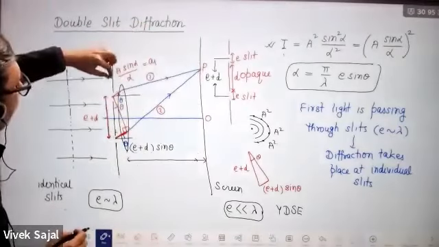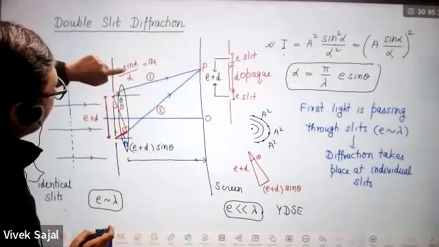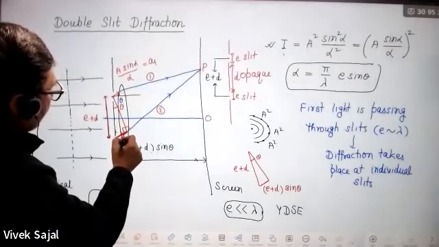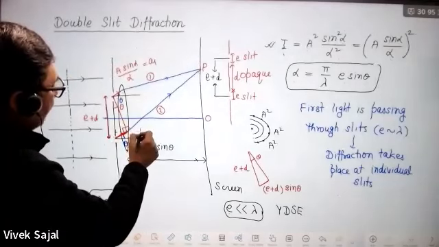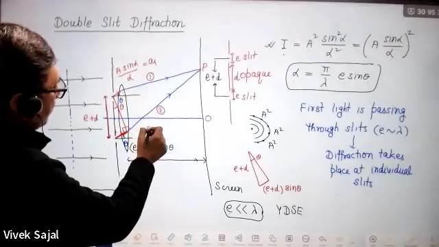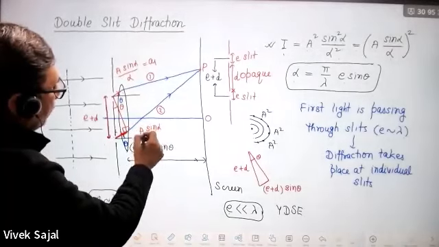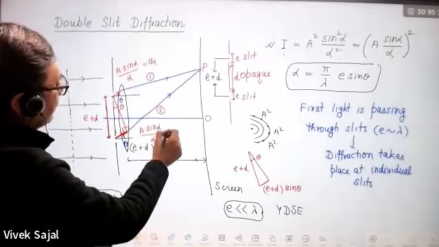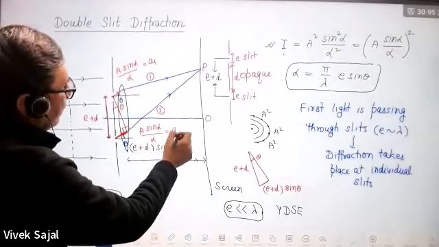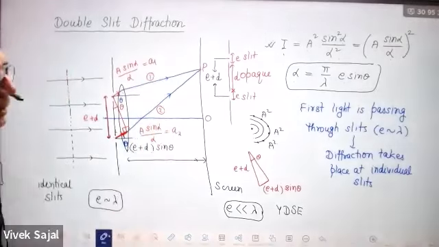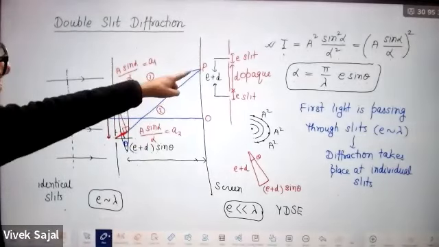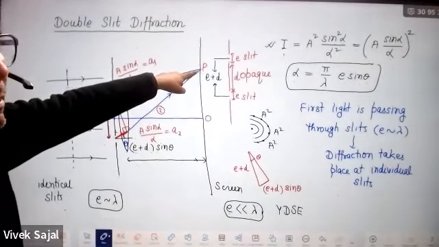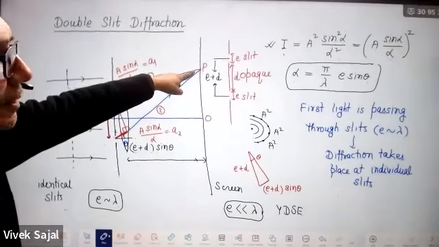So here, the amplitude of this light is this one. And what will be the amplitude of this part of light? That will be the same. That will also be A sine alpha upon alpha. And that is A2. And this A1 and A2 you can observe are equal. So what will be the intensity after interference here that is taking place at P?